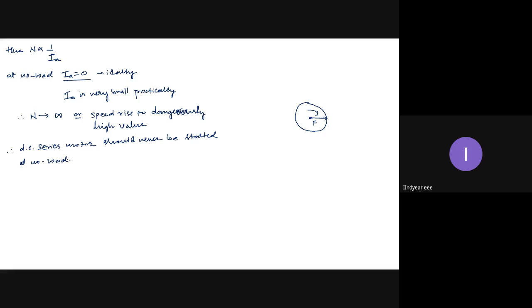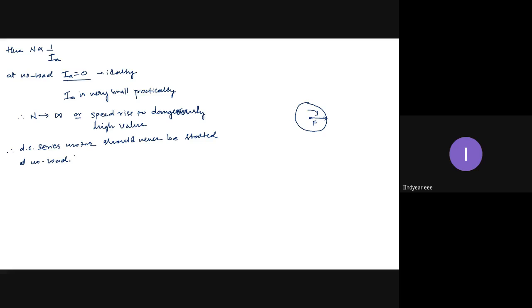It should always be started on some amount of load which will keep the speed of the motor at a safe value. So a DC series motor should be started with a load on it which can keep the speed at a lower value. So this is all about the second characteristic, speed versus armature current.